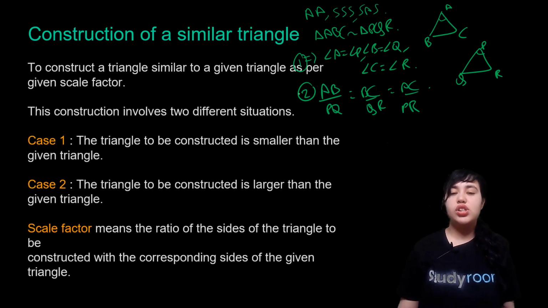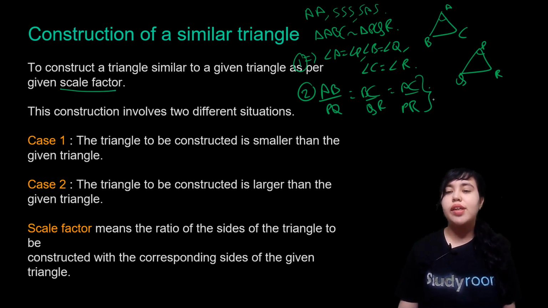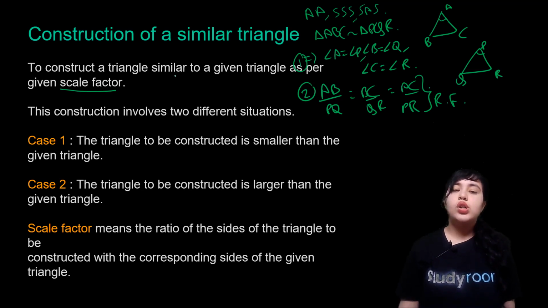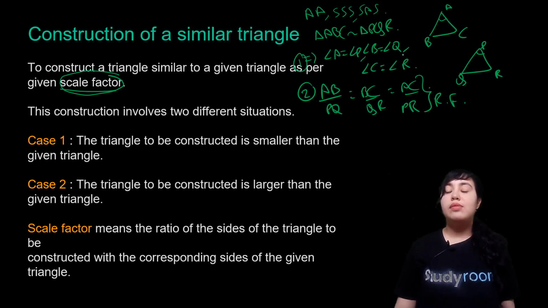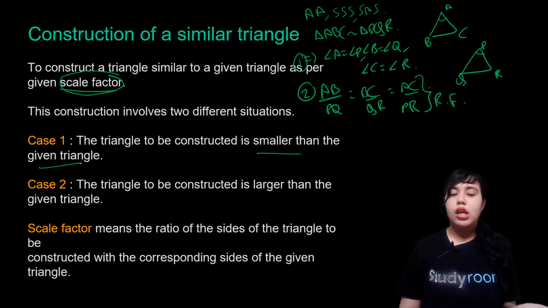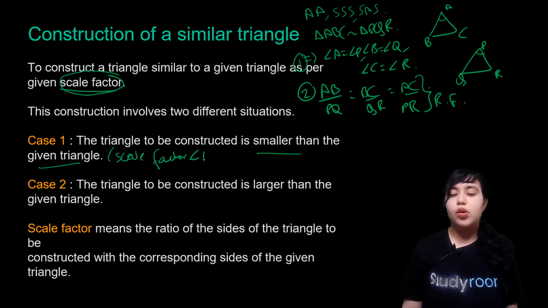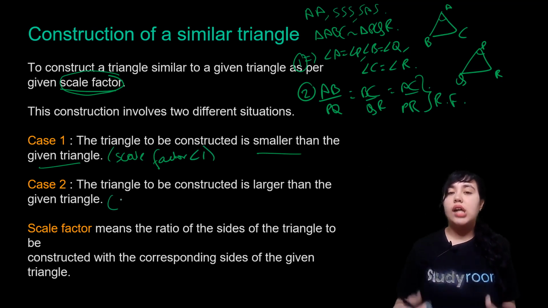Now let's see how we construct them. These ratios that I told you about are called scale factors. They are also called representative fractions, but we also call them scale factors. In the question, you will be given the scale factor, and then you have to construct a triangle similar to the given triangle. There can be two situations here. The triangle that you have to construct can be smaller than the given triangle. In this case, your scale factor will be less than 1. Or it could be a case where the triangle is larger than the given triangle.